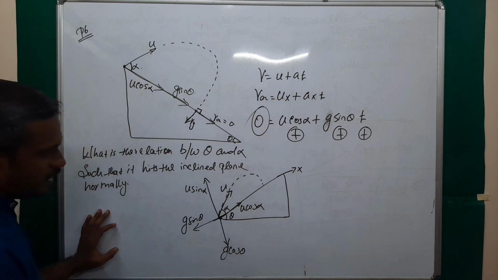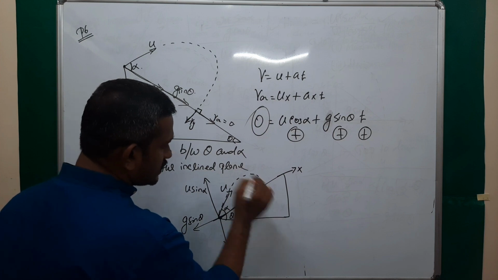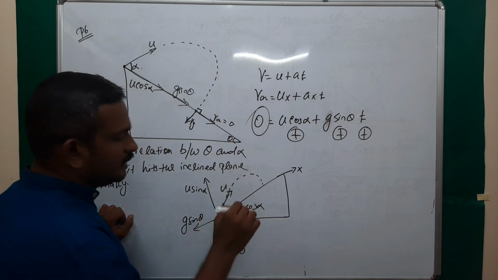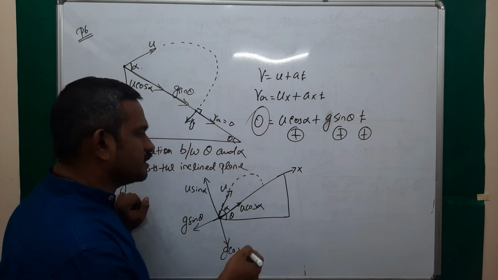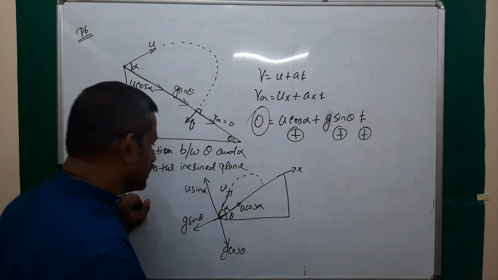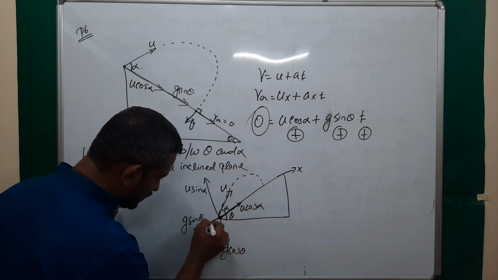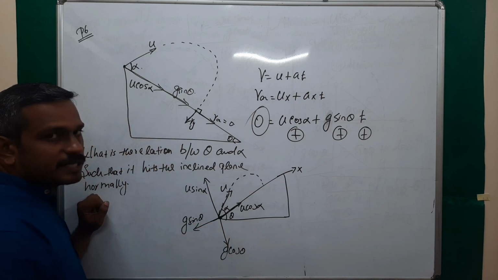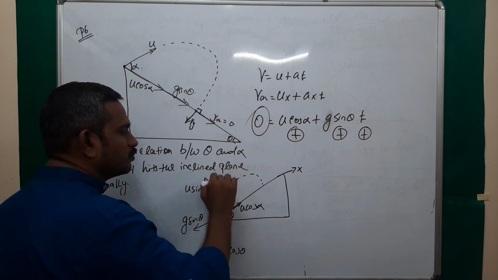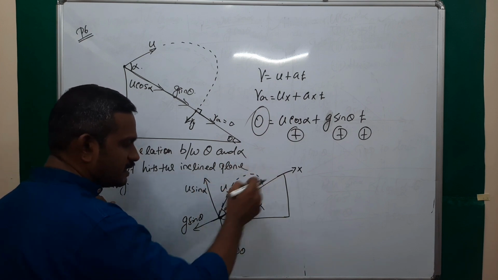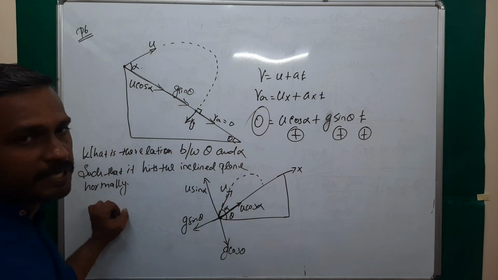Hitting the inclined plane normally means the horizontal velocity becomes 0. Why? Because the velocity is acting in this direction but the acceleration is in the opposite direction. It is a decelerated motion, so it will go to a certain height, and because of this deceleration the projectile hits the inclined plane normally.